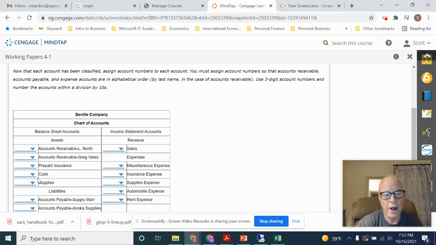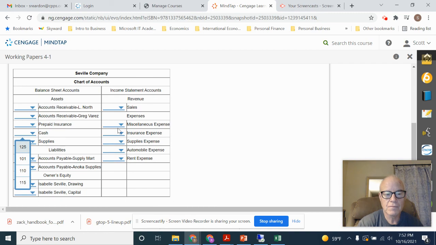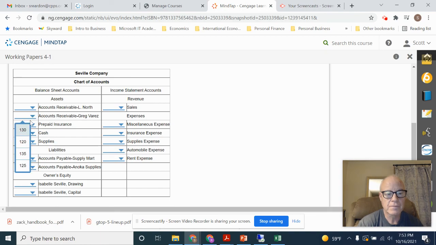Okay. Well, I would say we start with cash. Cash is maybe 101. Order of liquidity, if I'm doing that. The next accounts receivable account is going to be Greg Verez, and that's going to be 120, I believe.